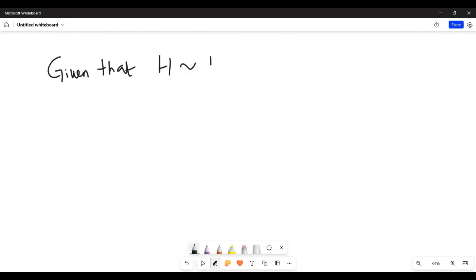H is an event which has binomial distribution, and these parameters are given.